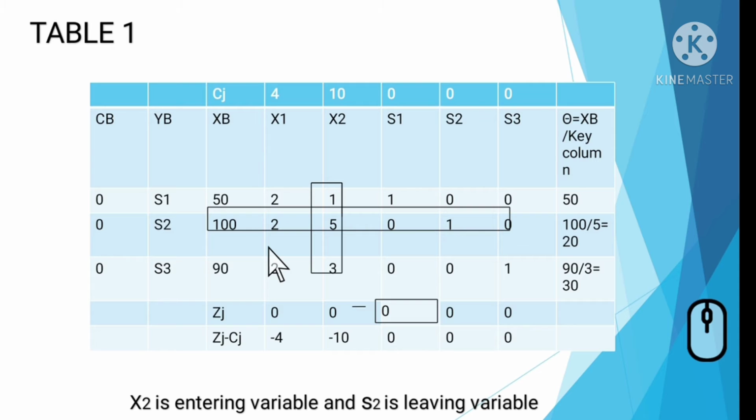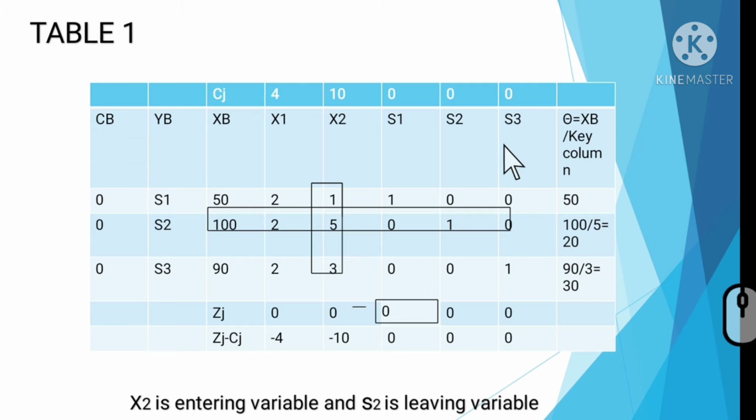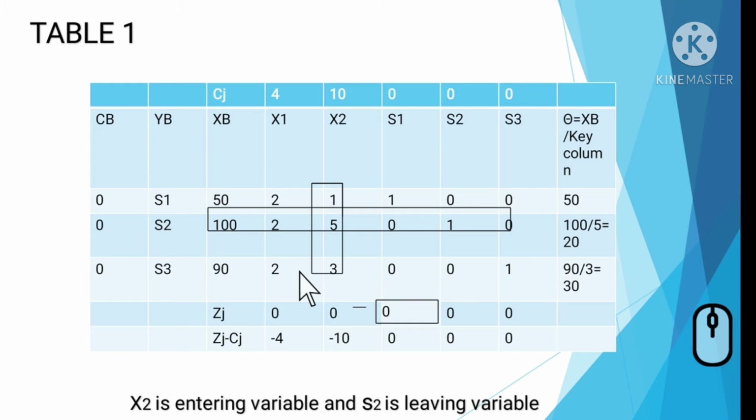The first constraint has coefficients 2x1 plus 1x2 plus 1s1 plus 0s2 plus 0s3. In the second constraint it is 2x1 plus 5x2 plus 0s1 plus 1s2 plus 0s3. In the third constraint we have 2x1 plus 3x2 plus 0s1 plus 0s2 plus 1s3.